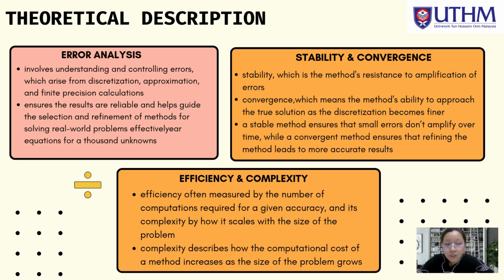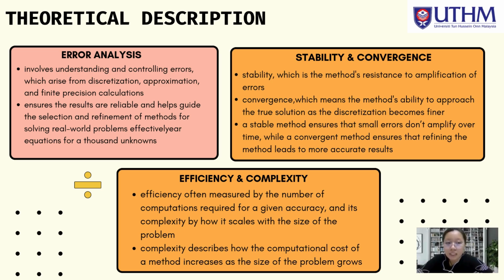There are three theoretical descriptions, which are error analysis, stability and convergence, and efficiency and complexity. The first theoretical description is error analysis. Theoretical analysis of numerical methods involves understanding and controlling errors which arise from discretization, approximation, and finite precision calculation.